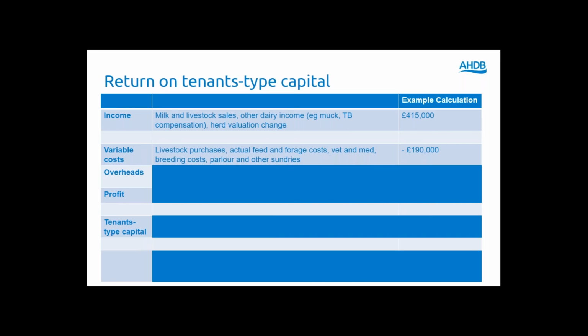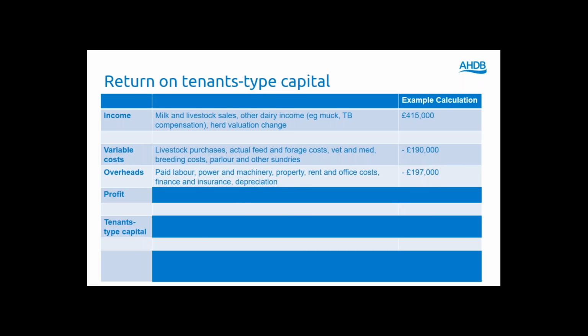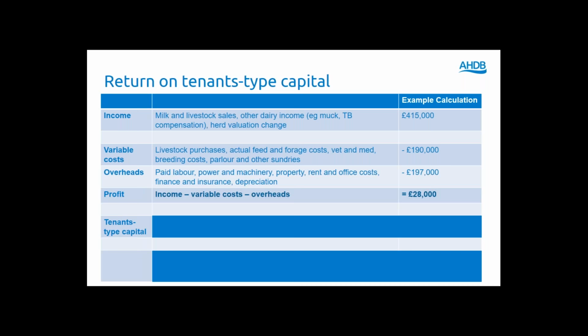Variable costs are all the cash costs, because again it's what will be on the profit and loss account. Overheads are the same. Then you calculate the profit, income minus the variable and overhead costs.